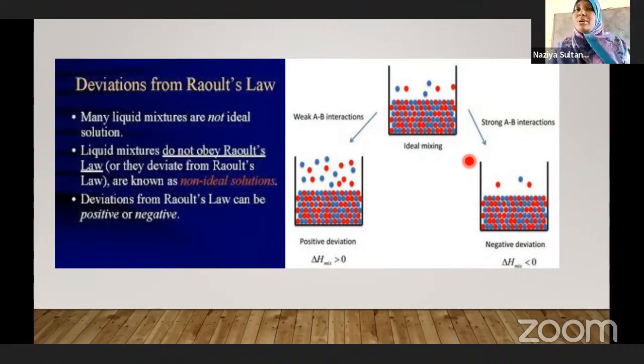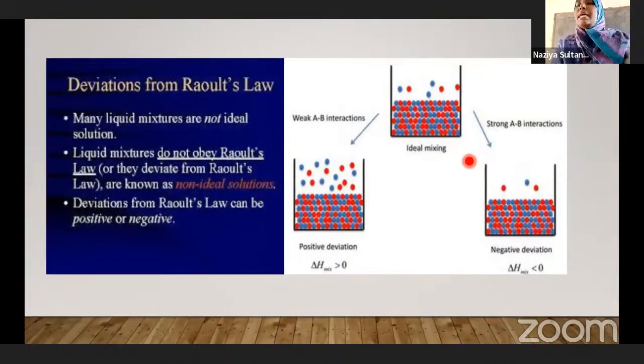It is because once the solute and solvent are mixed, the interaction between them can be more or lesser. If the interaction is more, the solute and solvent tend to stay in the solution form itself, and the expected vapor pressure would be lesser.